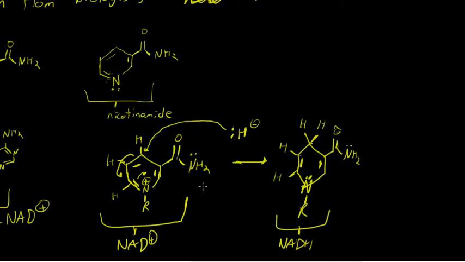So another way I could write this is plus 2 electrons, plus 1H+, because a hydrogen is equivalent to a proton and 2 electrons, and a proton is the same thing as H+. Or I could just represent this as NAD+ plus a hydride anion gives you this.